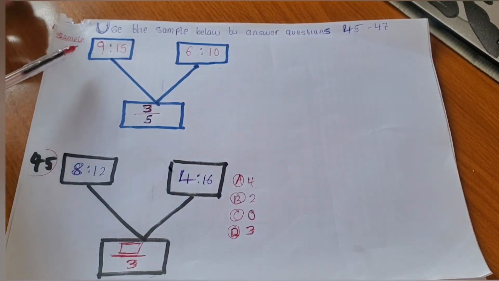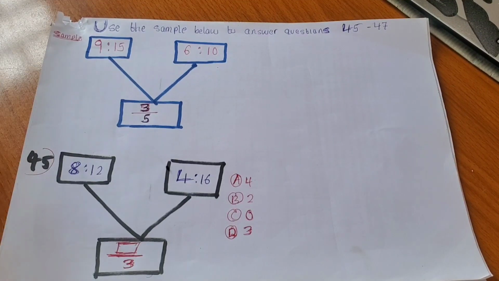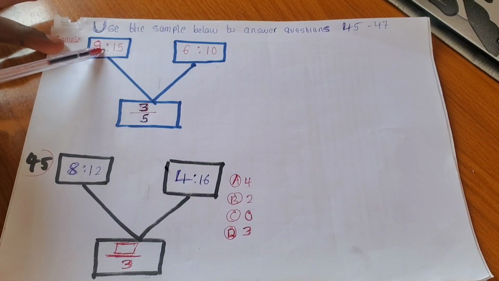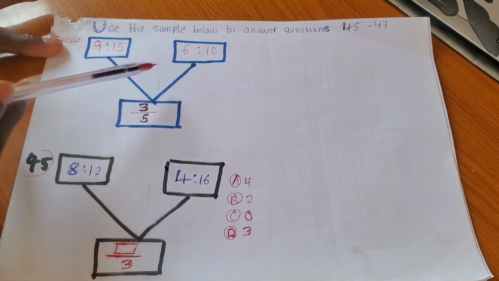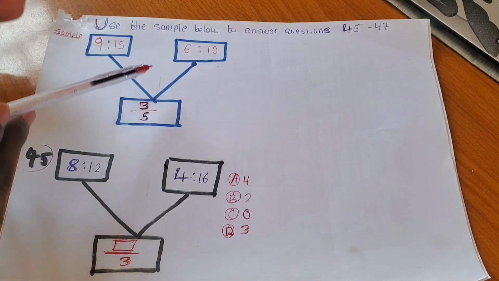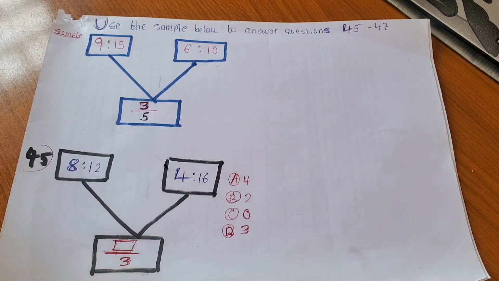This is the sample that we are given. To solve questions 45 to 47, you have to know how this box and this box are related to each other. You understand? How the values in the three boxes are related to each other. You have to know the pattern they follow.